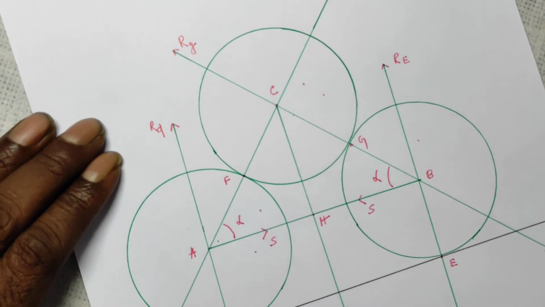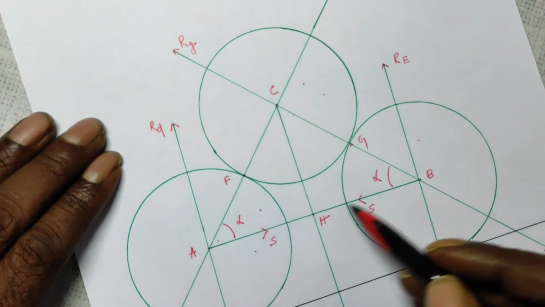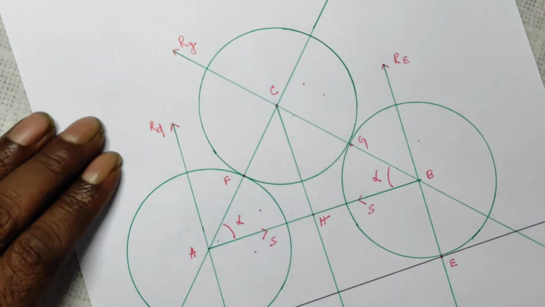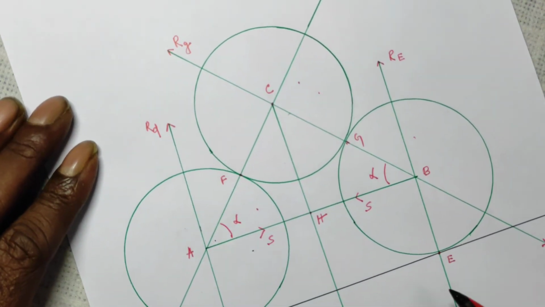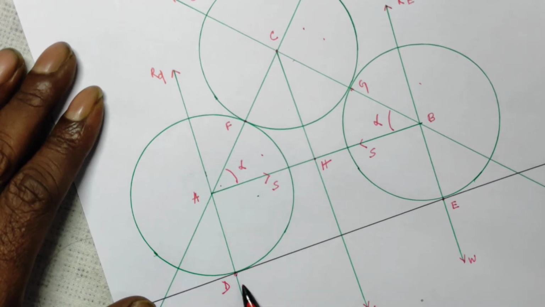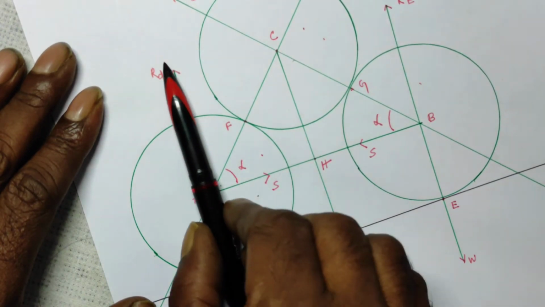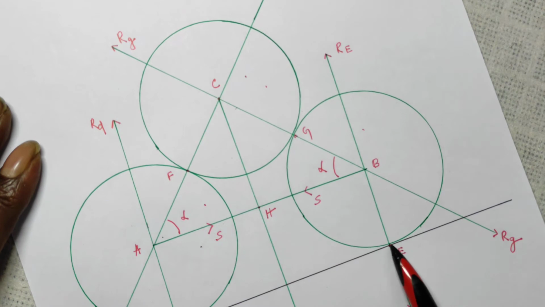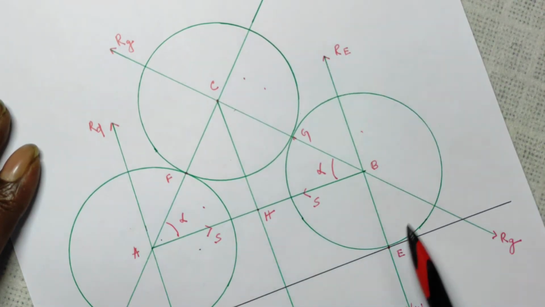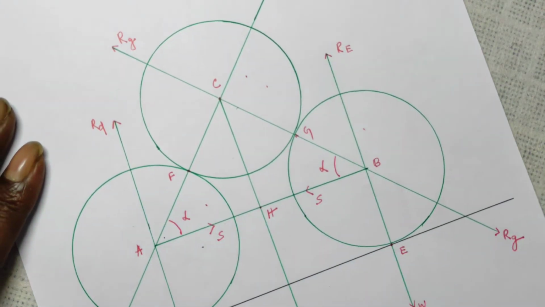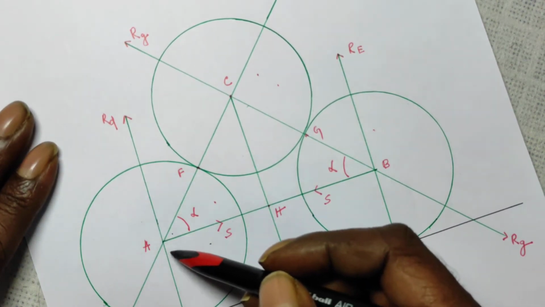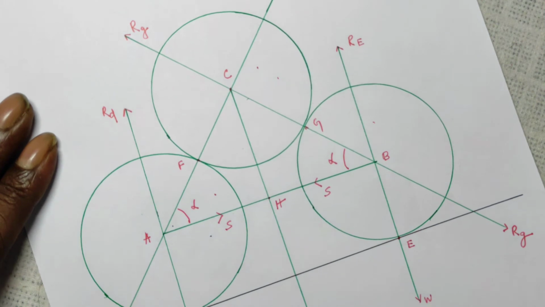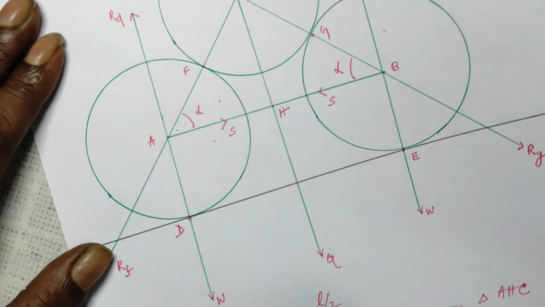All right. So just look at the diagram. Here the reaction force RD is to this side. Here the reaction force RD is to this side. Here the reaction force RE is to this side. And the weight of this cylinder is acting vertically downward, W, which is given.